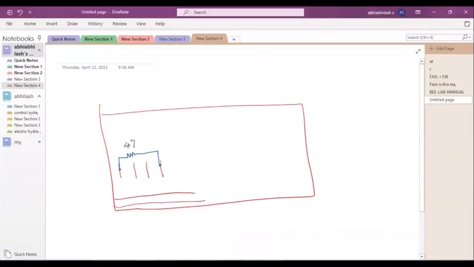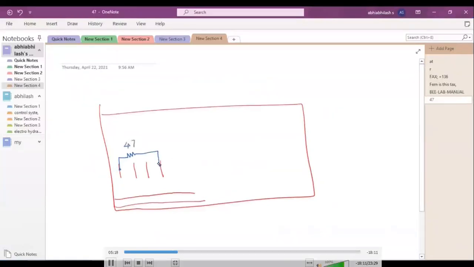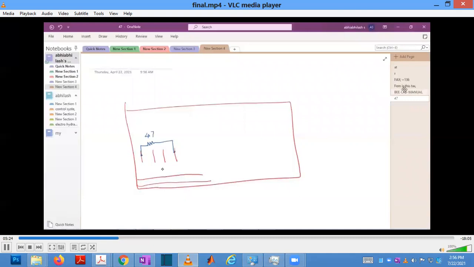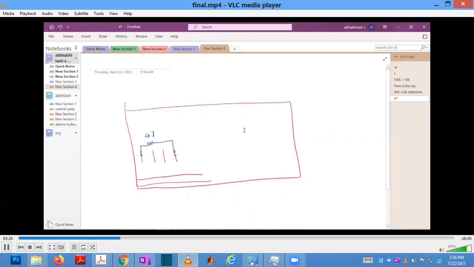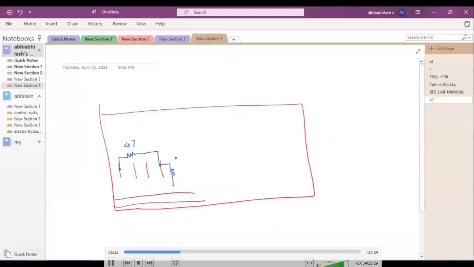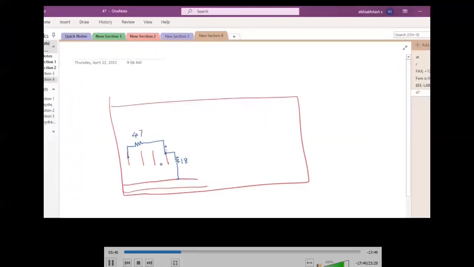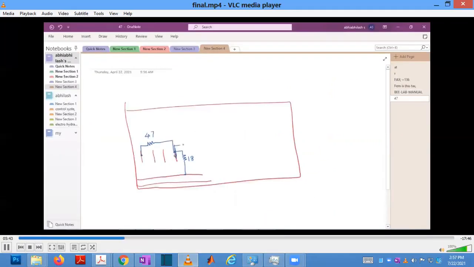For the next connection, from this point you have to take, because these two are short circuited. From this point you have to take the 18 ohm and 3.3 ohm. At this point, two circuits are there. So from here onwards you have to select the next one, and the next one also you have to select from here. This entire terminal you can select.